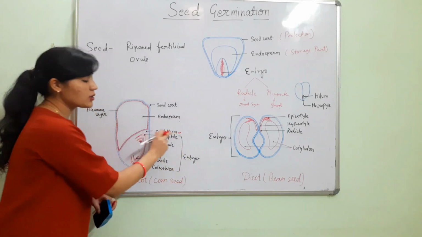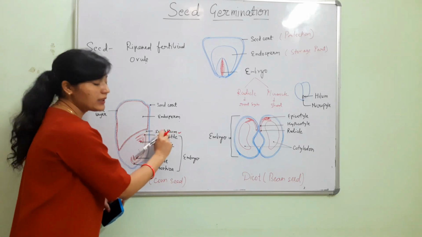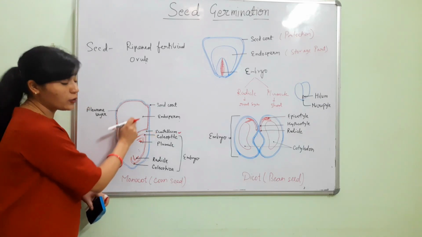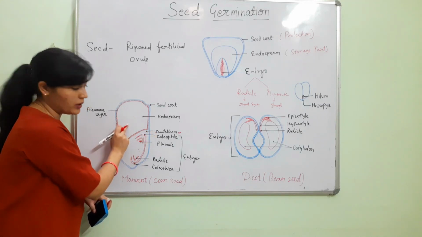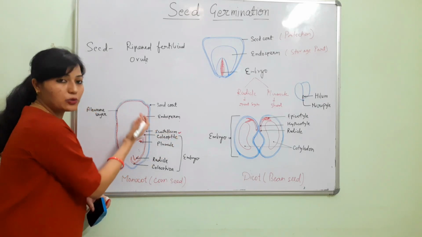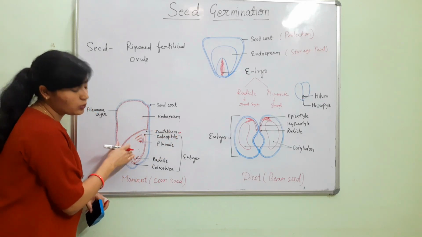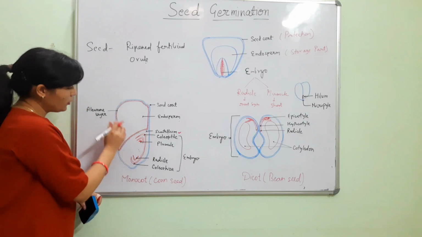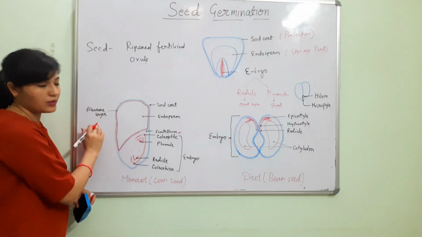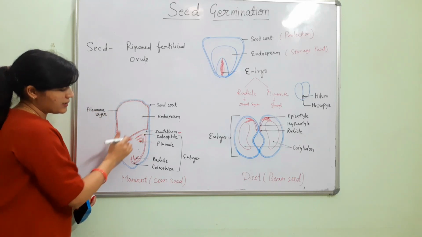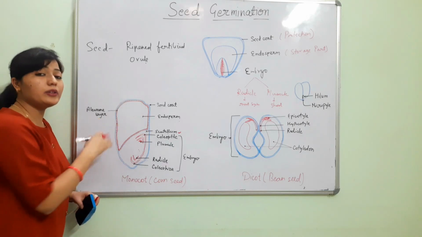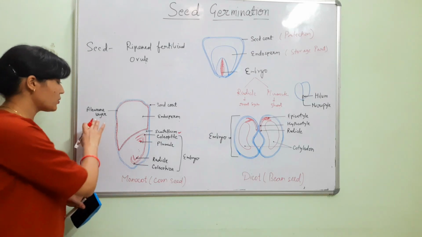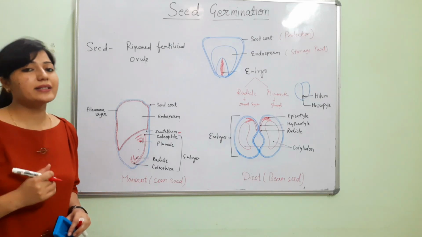Another part is the scutellum, a narrow structure which absorbs nutrition from the endosperm where the food material is stored, and supplies it to the developing embryo. One more important thing is the aleurone layer. The aleurone layer contains the genes, and this is the place where enzymes are synthesized, so it plays a very important role during seed germination.